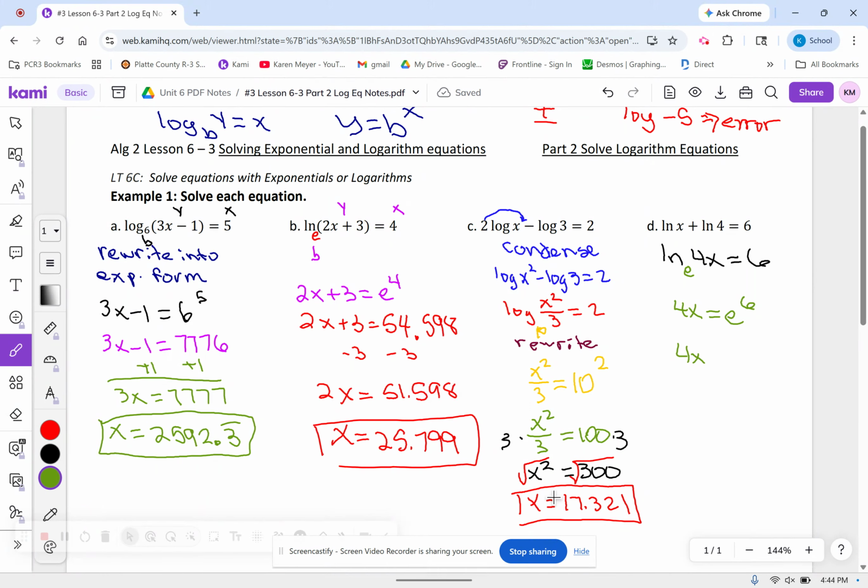So 4x equals 403.429. Sorry, that doesn't look like a very good 403. Okay, and then you just divide that out, and if I divide it out, I get x equals 100.857.